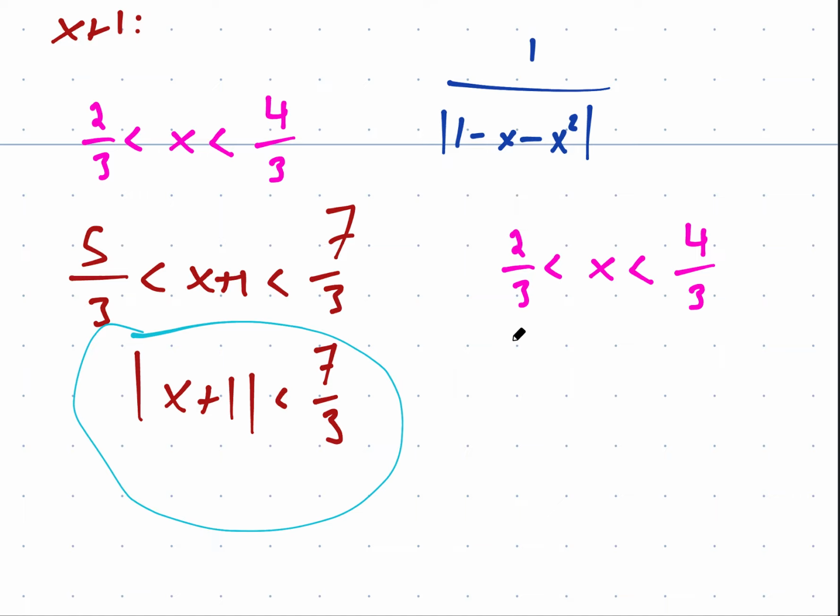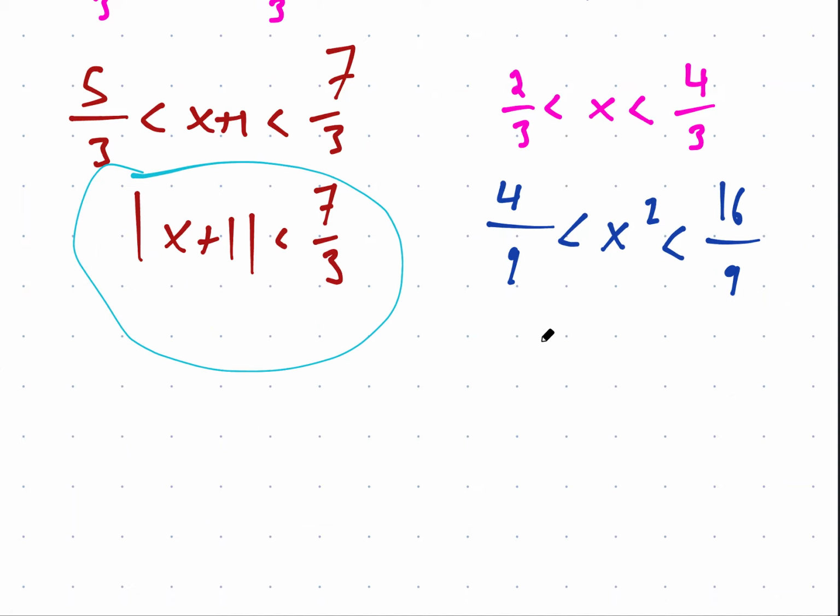And when we square it, we get 4/9 is less than x squared is less than 16/9. Okay, and now we can take the negative of that, and so we get negative 16/9 is less than negative x squared, which is less than negative 4/9.